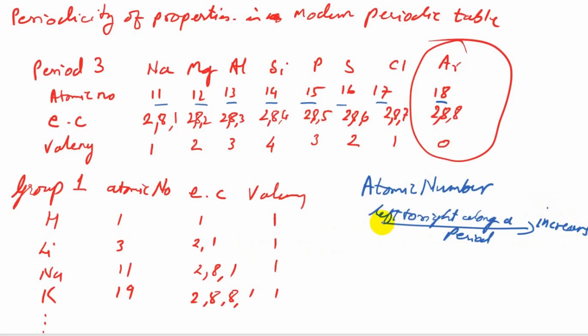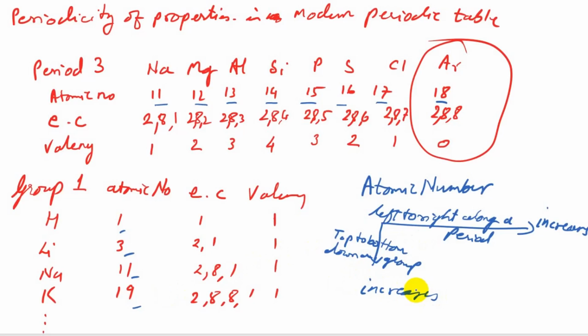And the same thing, I'll take top to bottom, down a group. What is happening? Tell me. You're going downwards: 1, 3, 11, 19. This way also it is increasing. So atomic number is increasing on either side.